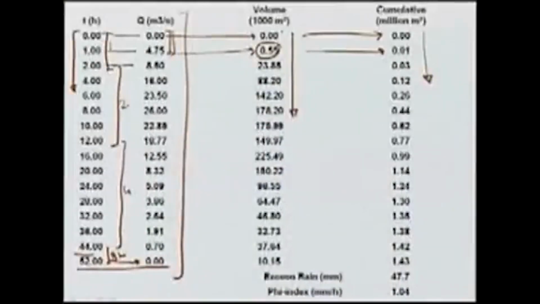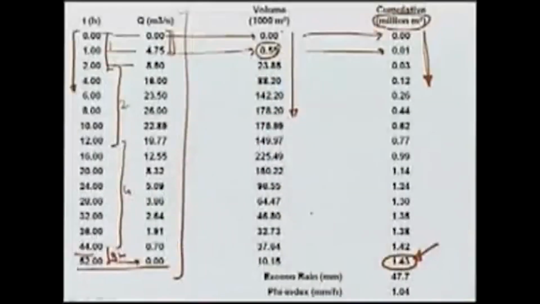So, let us look at this volume for each time step and cumulative volume. So, for the entire direct runoff hydrograph, the volume is given as 1.43 million cubic meters. So, this 1.43 million cubic meters on an area of course is given 30 square kilometers.